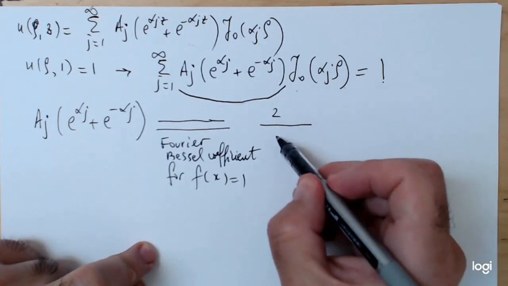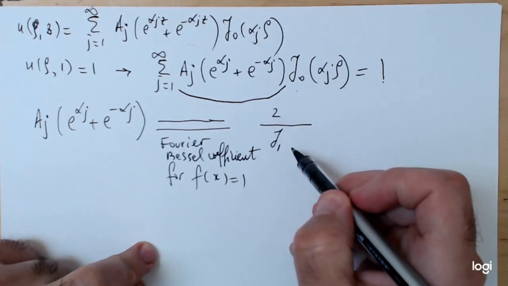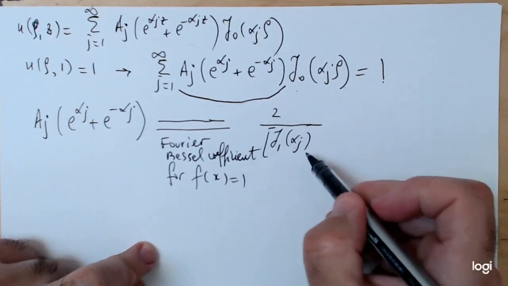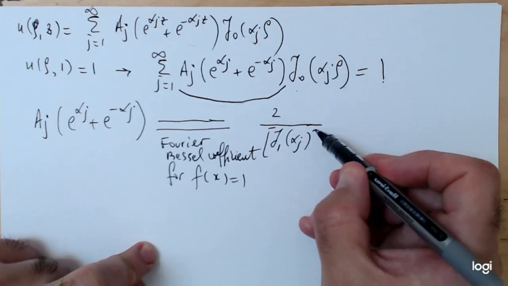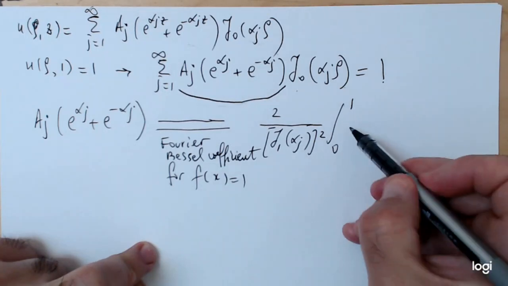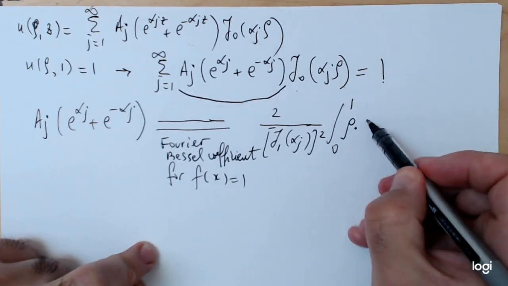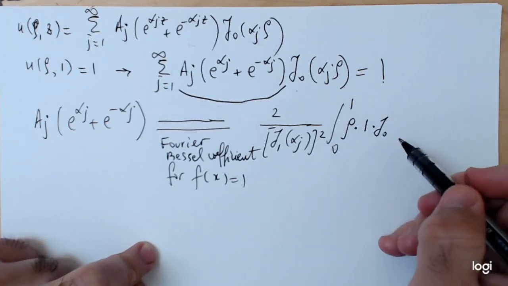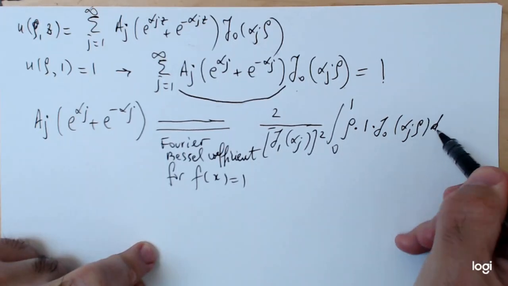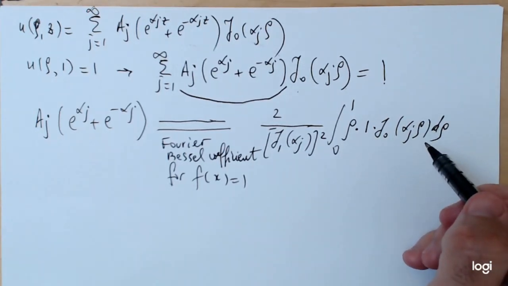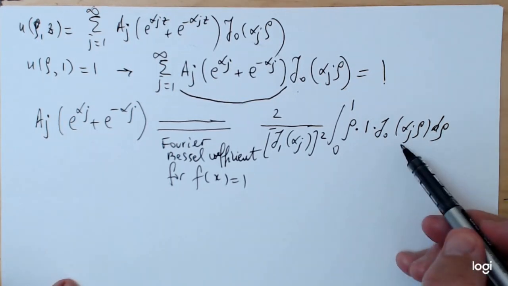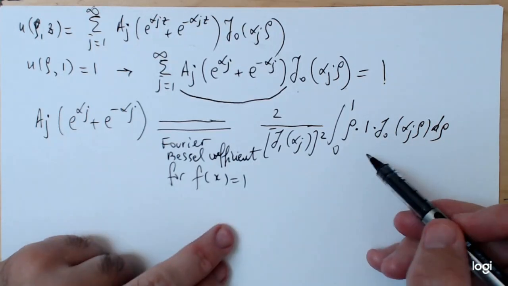So it's going to be 2 over J1 of alpha_j, c, with c equal to 1, so 2 over J1 of alpha_j to the power 2, and then the integral from 0 to 1, because again c is 1, of rho, instead of x, the function is 1 again, and J0 of alpha_j rho d rho. Again, just like before, this can be computed, but let's do it a little bit faster now.